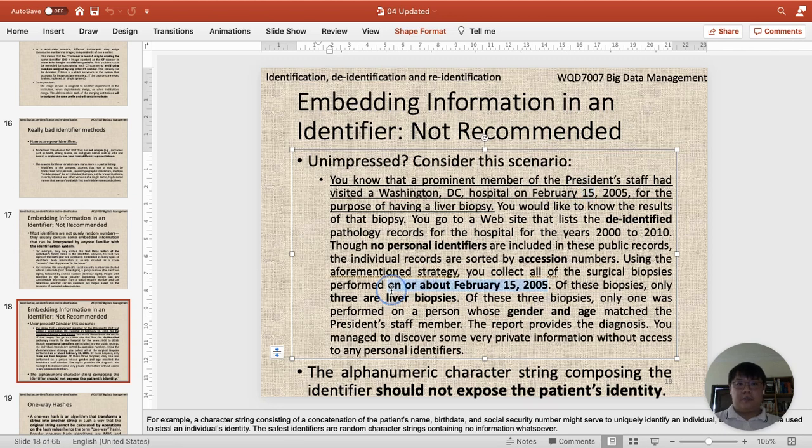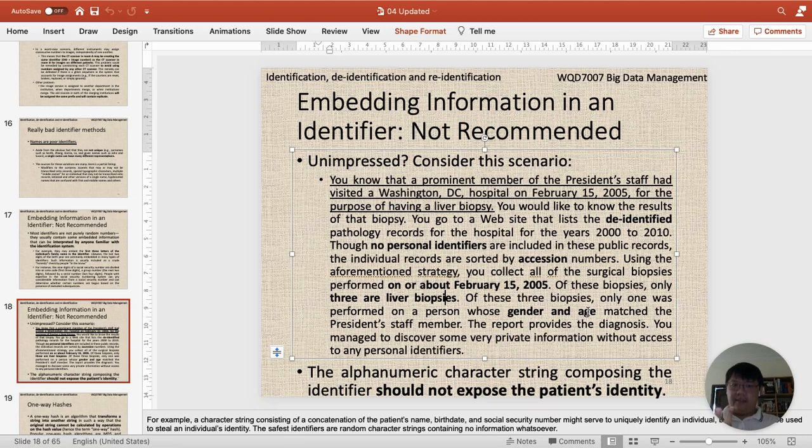Of these biopsies, only 3 are liver biopsies, and of these 3, only 1 was performed on a person whose gender and age match the president's staff member.